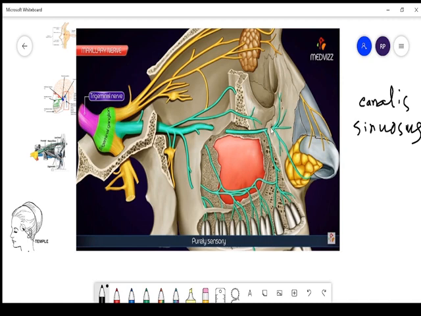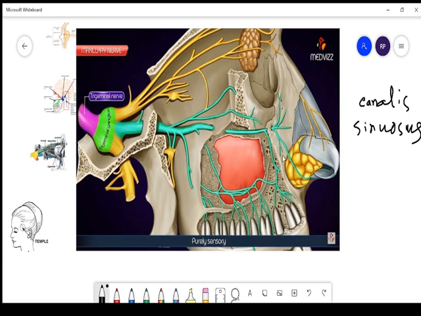This infraorbital nerve enters into the face through a foramen known as infraorbital foramen and gives a branch which goes upwards. It is known as palpebral branch and it supplies the skin of the lower eyelid. And the nasal branch supplies the skin of sides of the nose and the mobile part of the nasal septum.